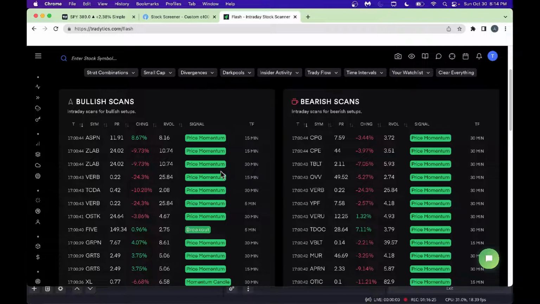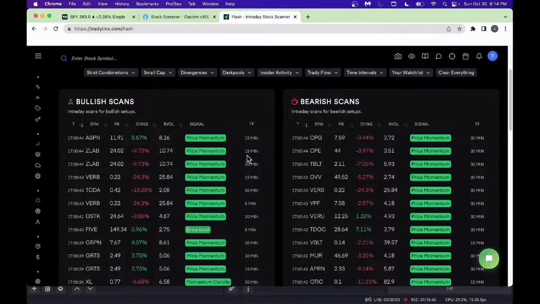It also tells you the signal here, price momentum, breakout, and so on. I think it kind of tells you bullish scans versus bearish scans. You could look at the chart here, and they also tell you the time frame.